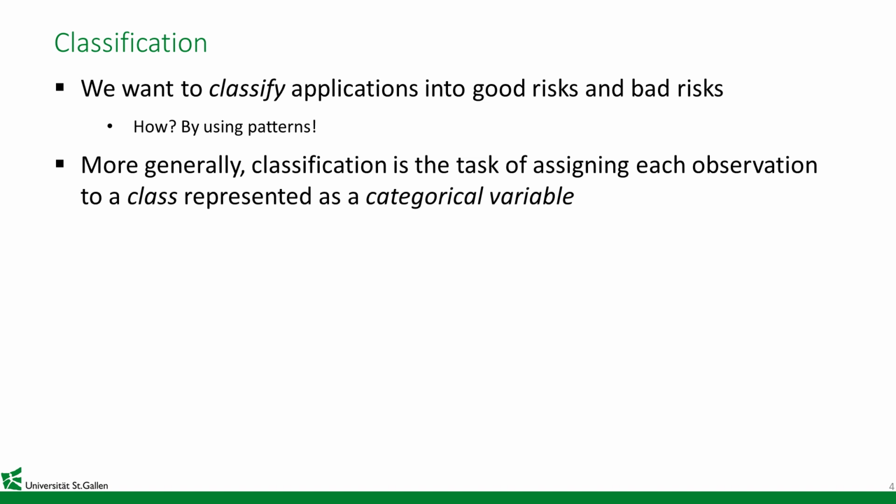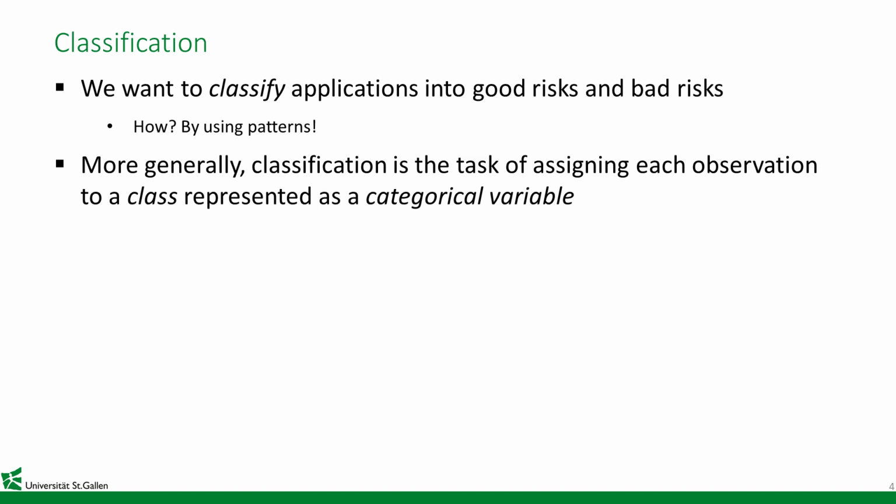And how do we do that? We do it by using patterns. In this video, we will be learning all about different patterns that we can observe in our bank loan data. We can learn these patterns from our past data, which the IT department has provided us from the data warehouse. For instance, we could observe that in the past, people with a low income had an overproportionally high rate of default.